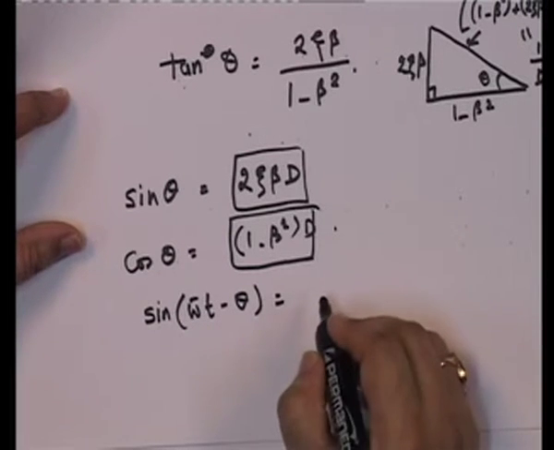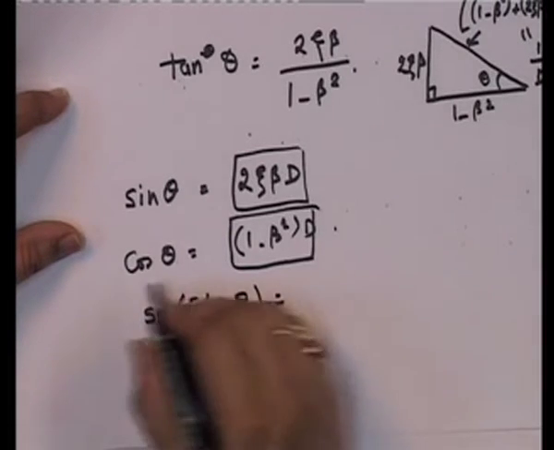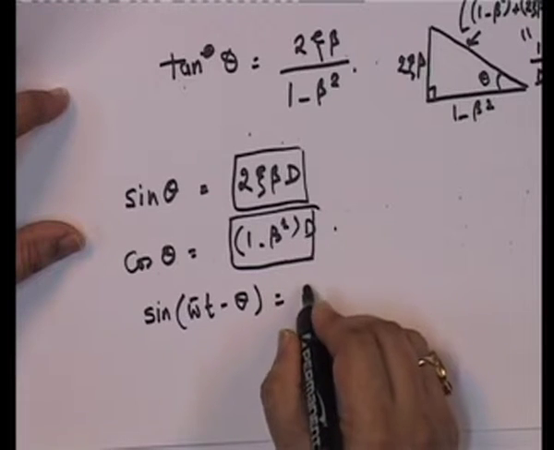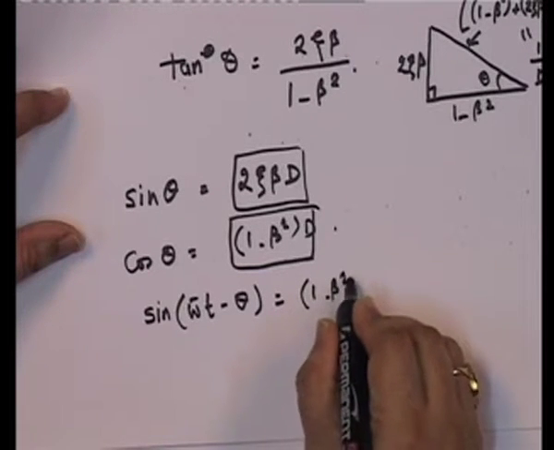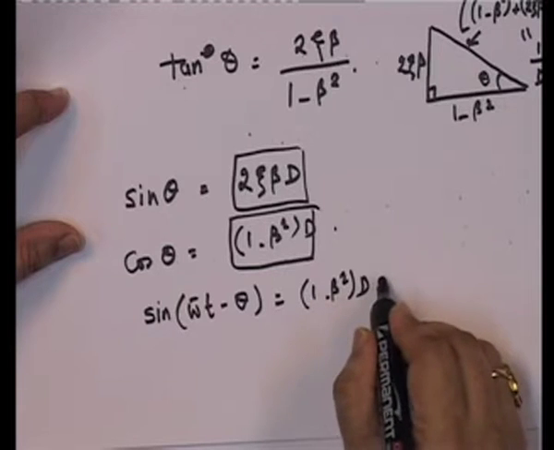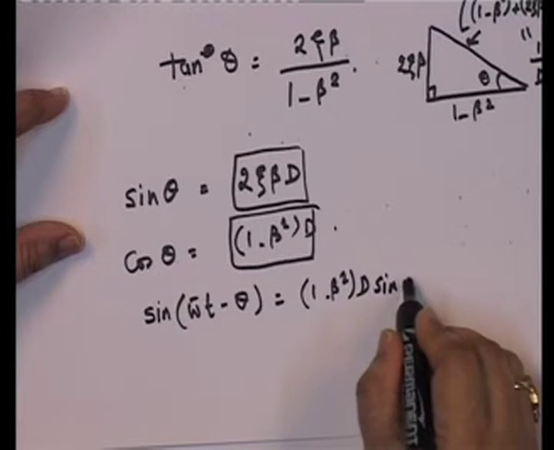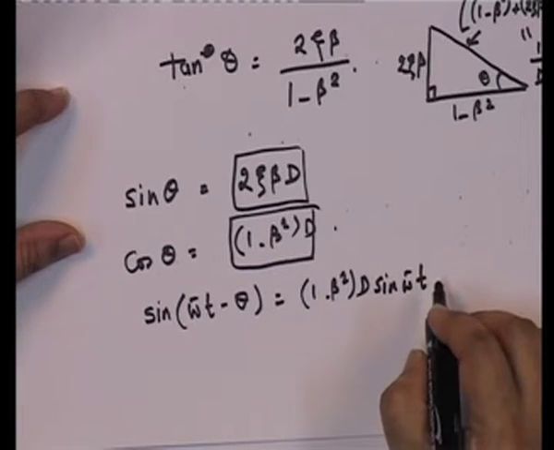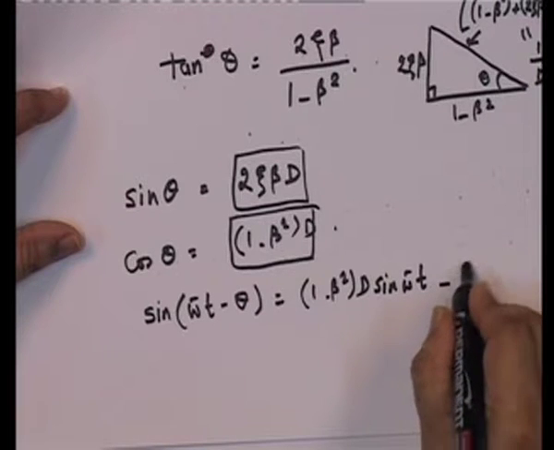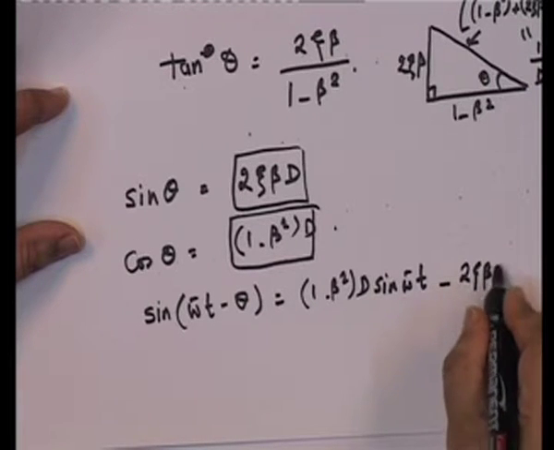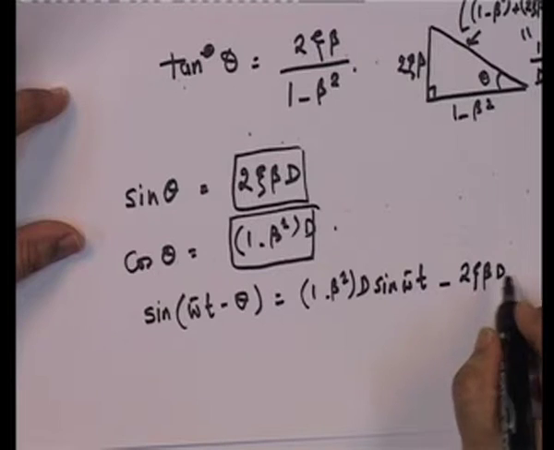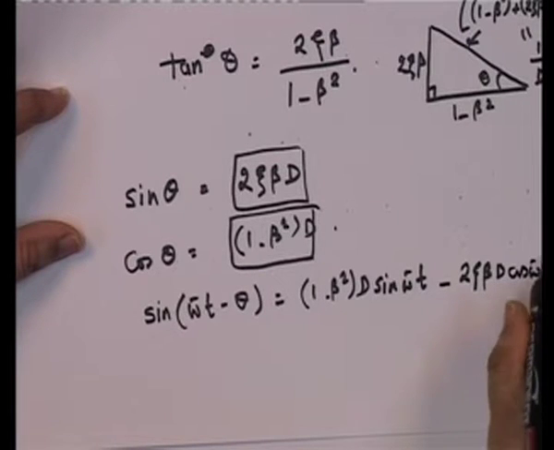So, this is equal to sine omega bar t into cosine theta, that is 1 minus beta squared d into sine omega bar t, minus 2 xi beta d into cosine omega bar t.